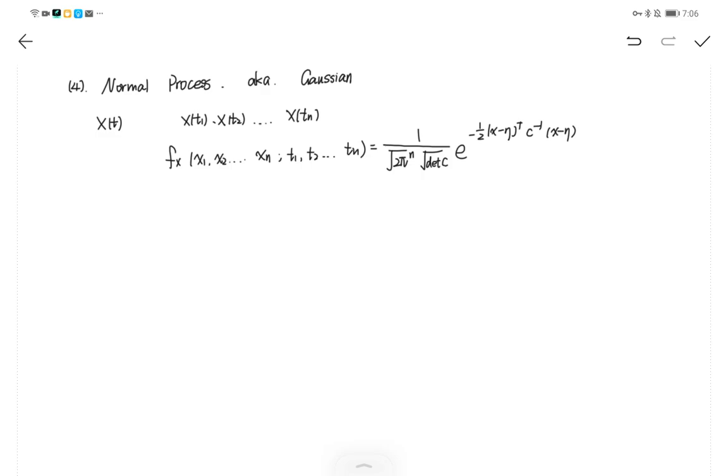This is the joint function of these variables if these variables are jointly normal for any time.